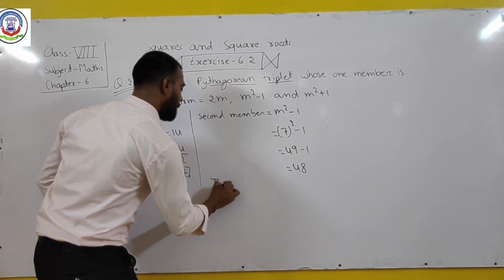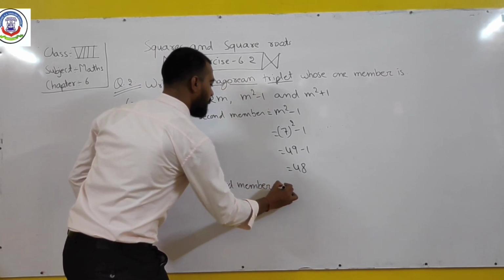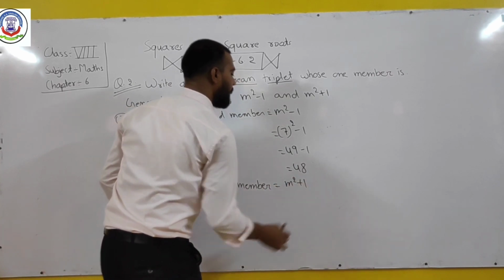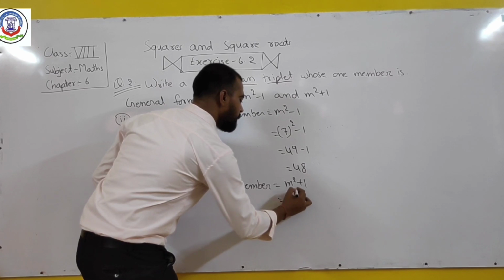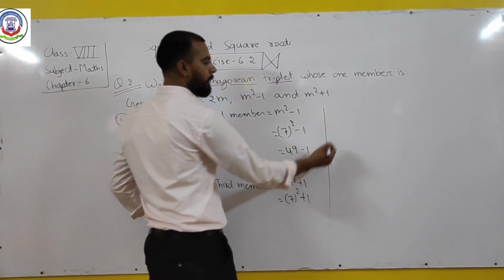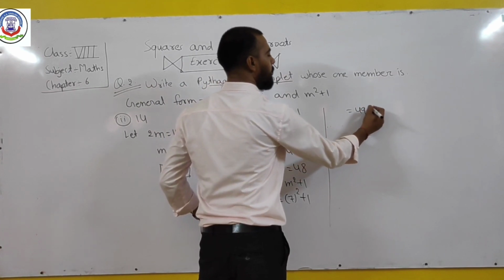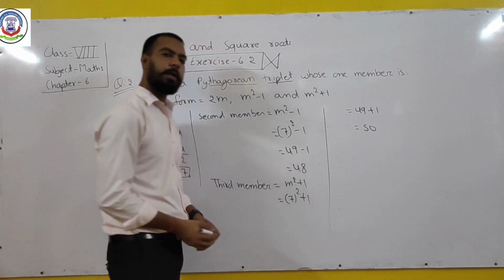Okay. Then the third member is m square plus 1. Put the value of m, which is 7, so 7 square plus 1, and the square of 7 is 49 plus 1. That means it will be 50.